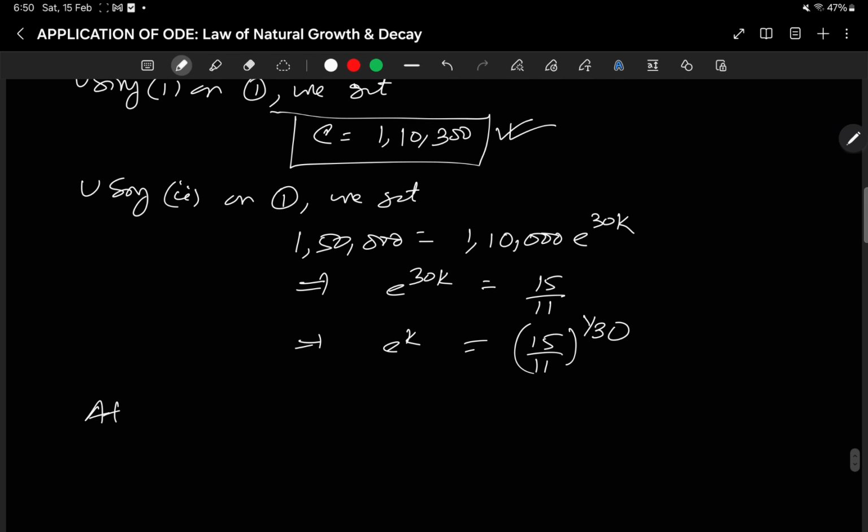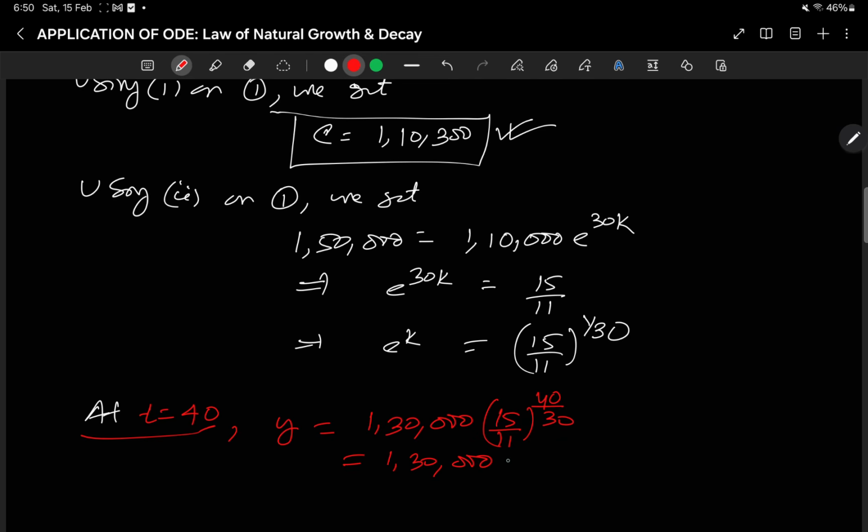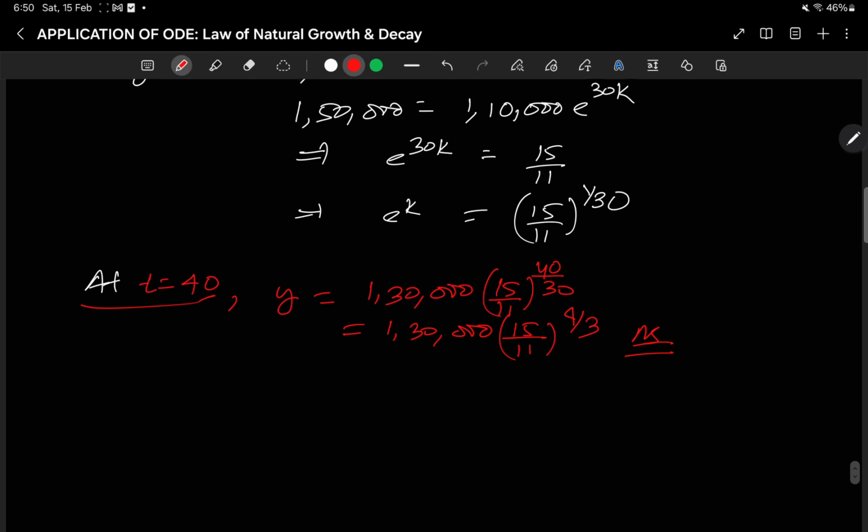At t equal to 40, y is equal to 1,30,000 into 15 by 11 to the power 40 by 30, which is 1,30,000 into 15 by 11 to the power 4 by 3. So this is your answer.